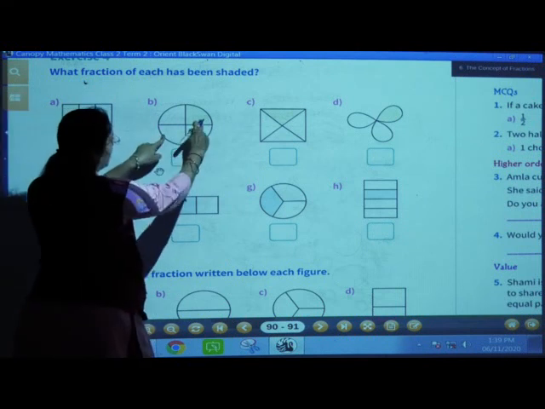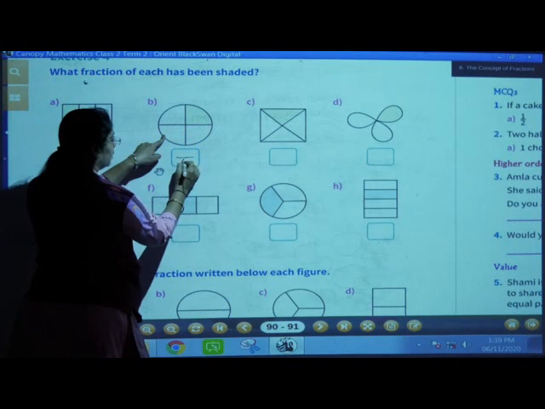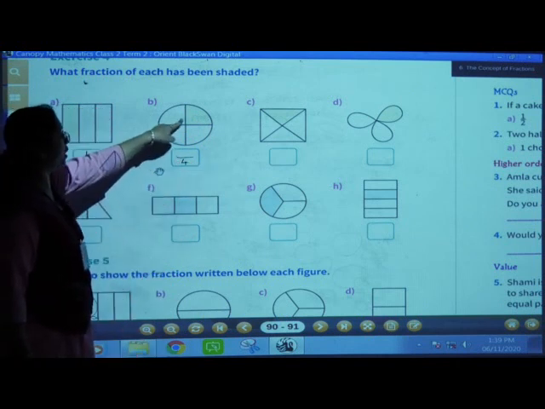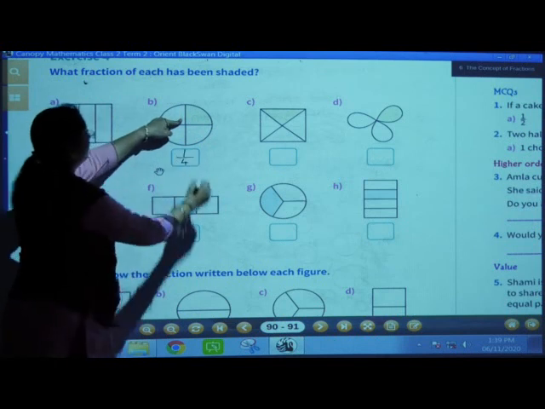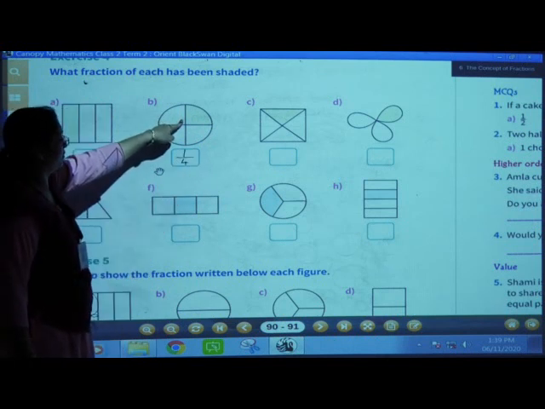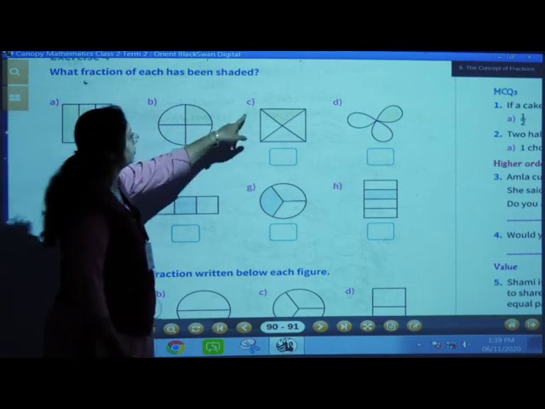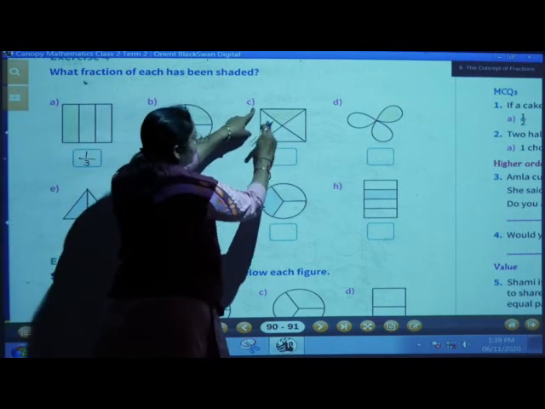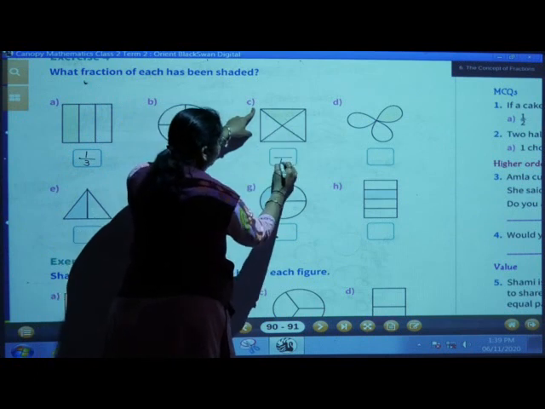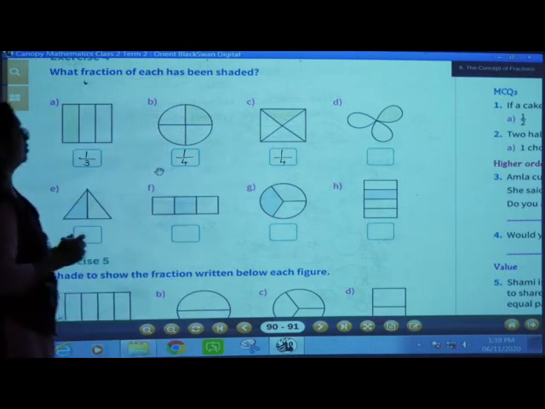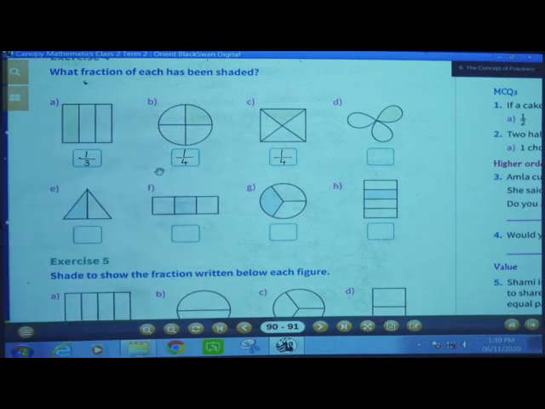Here equal parts 4. Write down 4 downside and shaded part 1. So this is 1/4 or quarter. See this number, equal parts 4 and only one part has been shaded here.